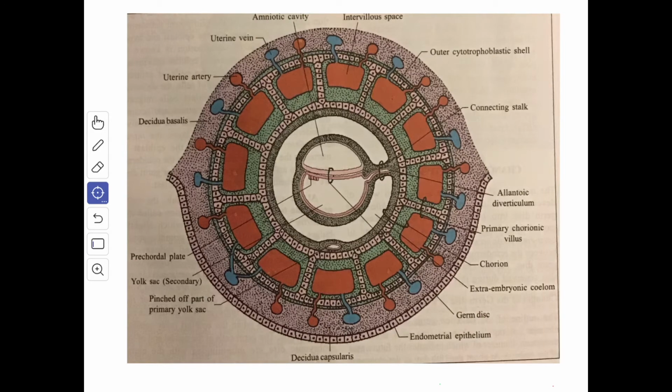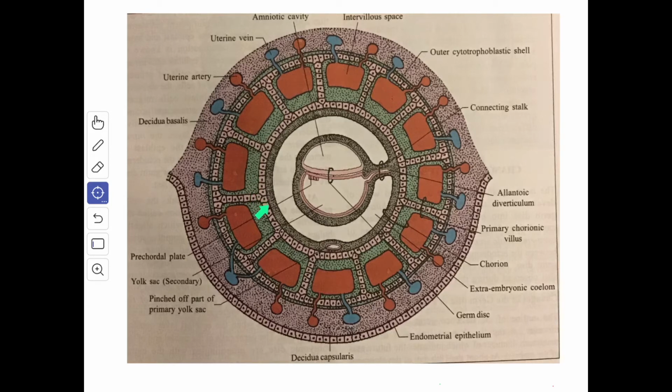In this image, you can see the next change. This green one is the syncytial trophoblast, these are the lacunae, and these are the trabeculae. Now the syncytial trabeculae radiate outwards, and the central core is invaded by the cells of the cytotrophoblast.